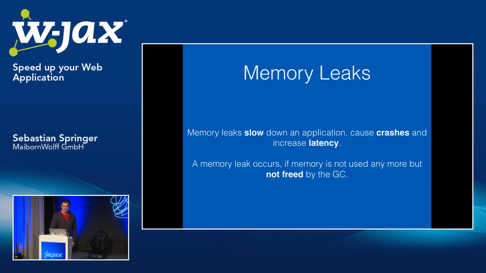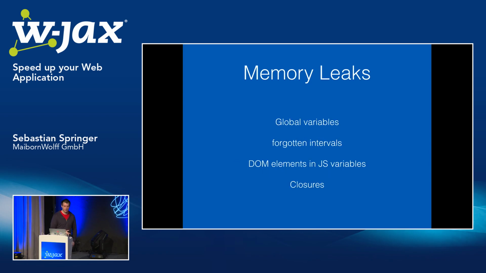So what is the cause for a memory leak? A global variable. So you should omit global variables in JavaScript, because as soon as you create a global variable, the garbage collection cannot happen for this variable, because it's always referenced.